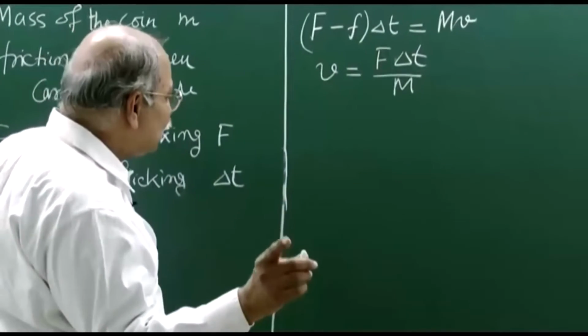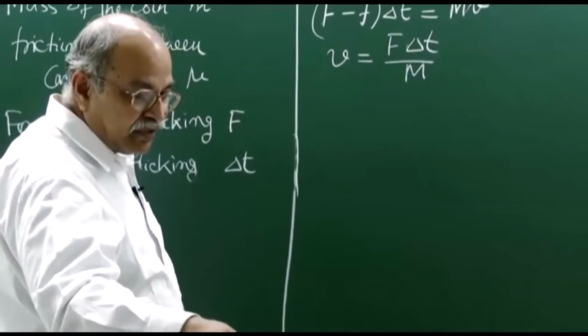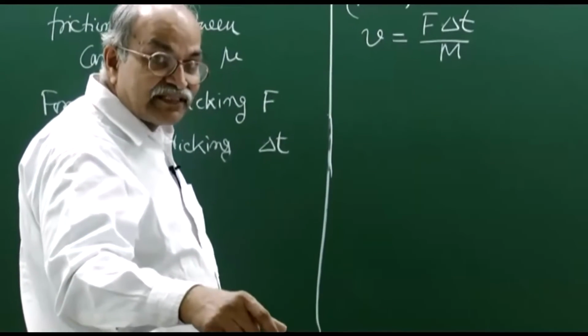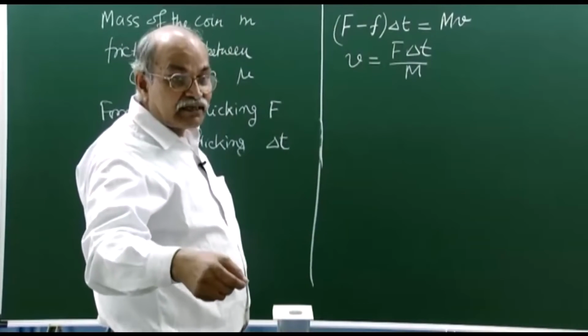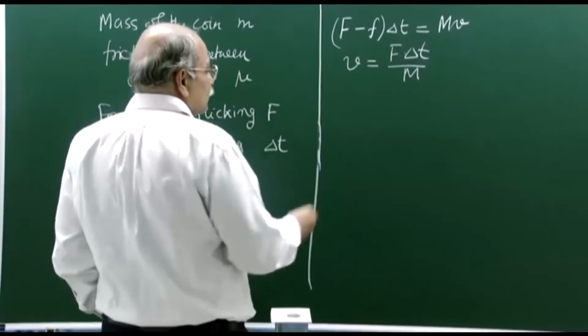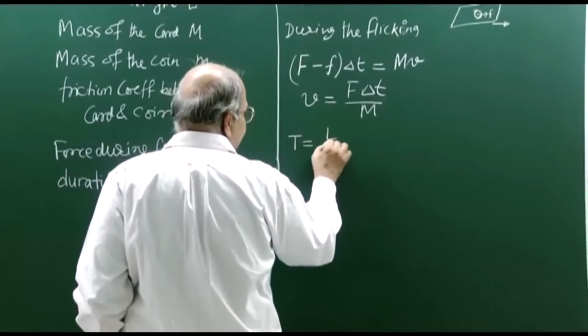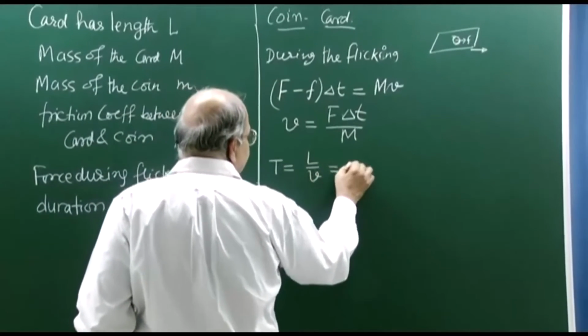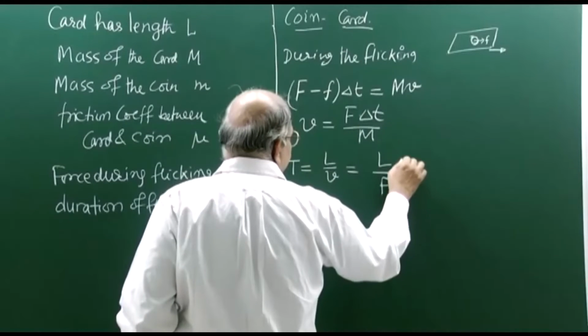I will assume that the movement of this coin is small, and so L is the length which is moved by the card before this coin finds no card beneath. So, that time t is L divided by v, and that is L divided by f here, delta t here, and m here.